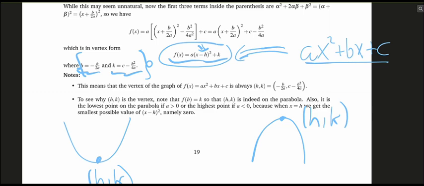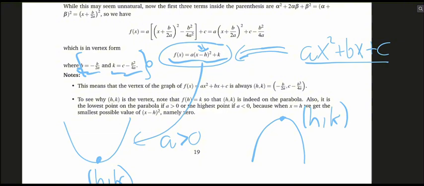Now, on the other hand, if a is positive, then a times x minus h squared is going to be positive. The least it's going to be is 0 when x is equal to h, because remember, something squared is going to be 0 or positive. That's why it represents the lowest point, like this, if a is positive.